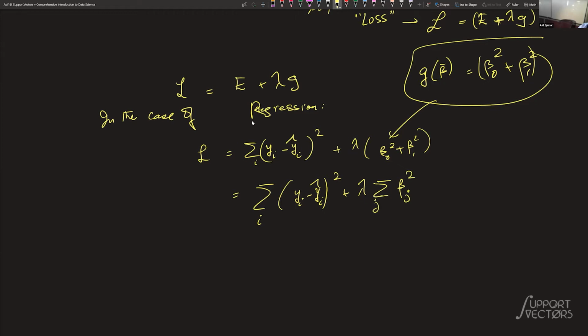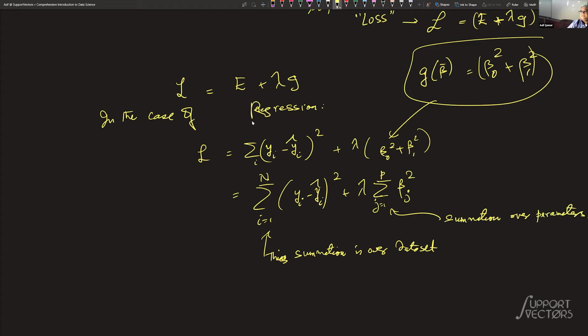J being the number of parameters, j is equal to 1, and suppose the model has p parameters, right? Whereas this i is equal to n, number of data points. This summation is over the data set. This summation is over parameters of the model.